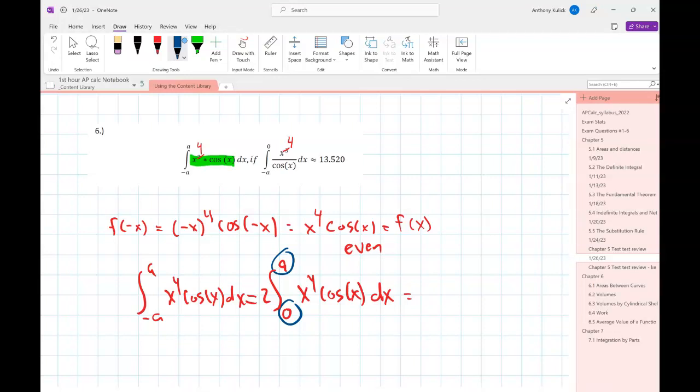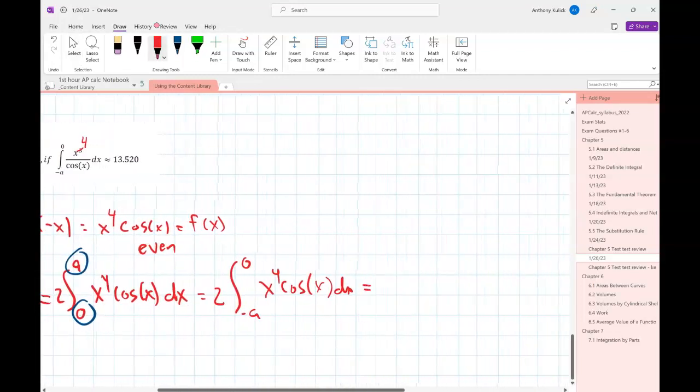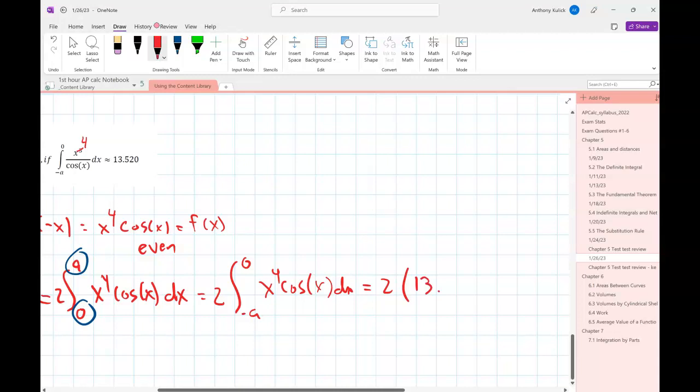It's just the right half of the area versus the left half of the area. Everybody can kind of see that. So it's still going to be the same thing. So we just end up with like 2 times 13,520, whatever that is.